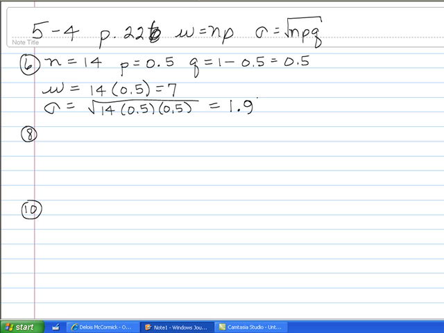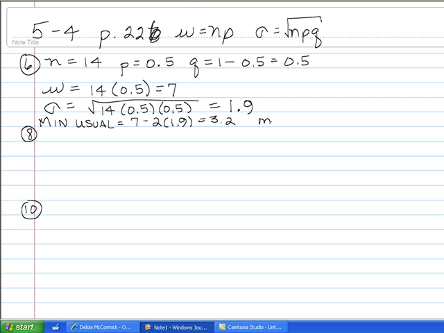Okay, so our minimum usual value is 7 minus 2 times 1.9. 7 minus 2 times 1.9 is 3.2.